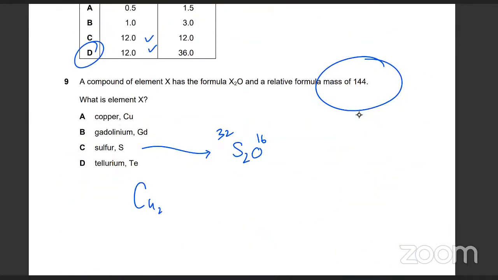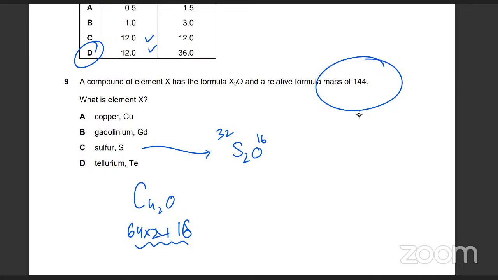Copper, 64 times 2. Did it work or not? Yes. Copper. No sir, it's not copper. 64 times 2 is 128 plus 16, that's exactly 144.